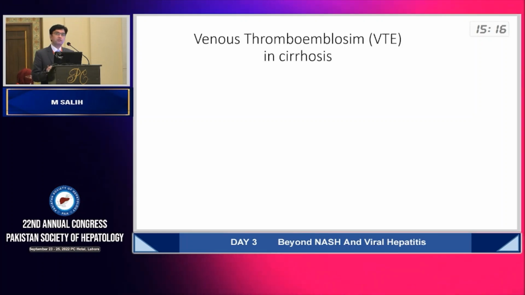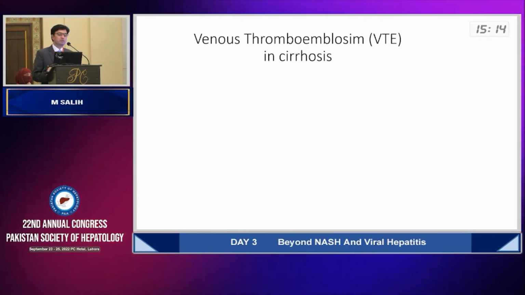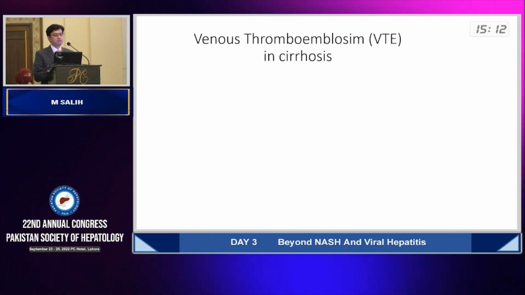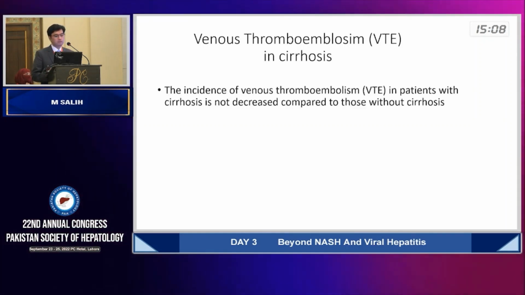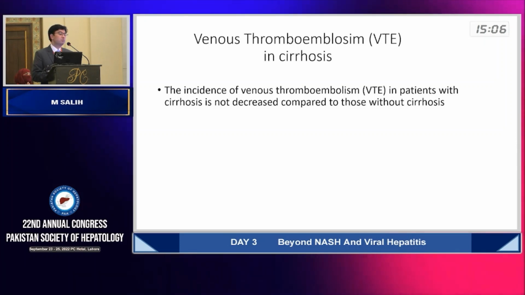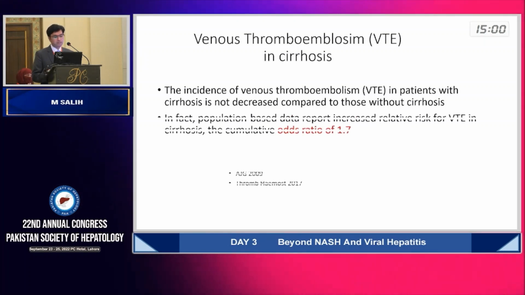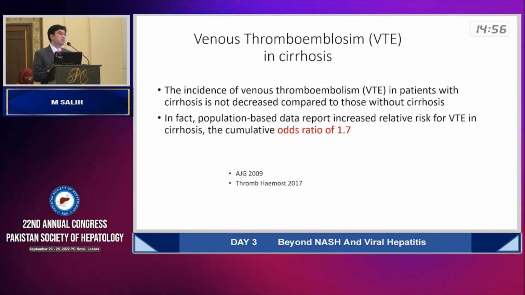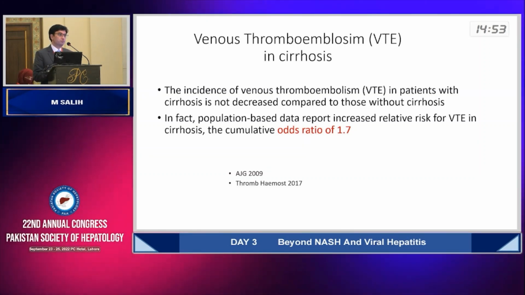One may also ask whether venous thromboembolism is common or uncommon in cirrhosis. The incidence of venous thromboembolism is probably as it is in the non-cirrhotic, and in fact population-based data suggest that it is probably a little more than in the general population.